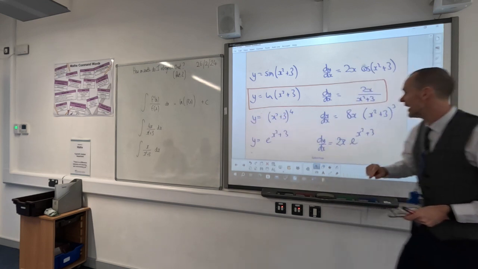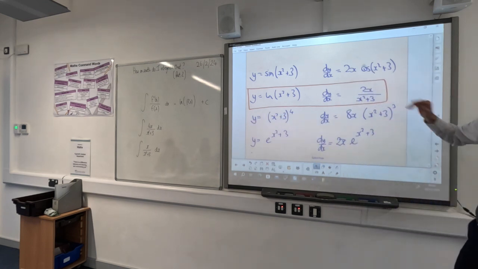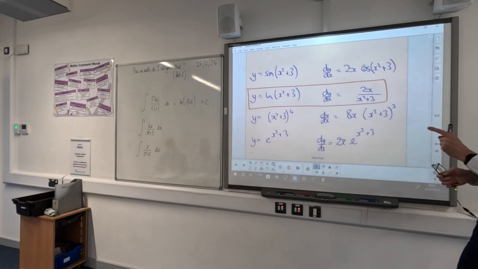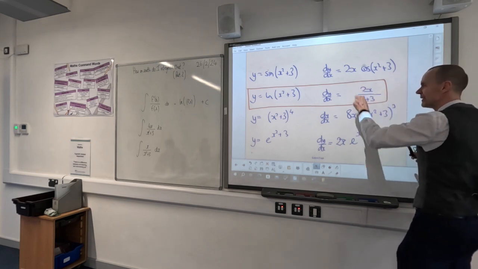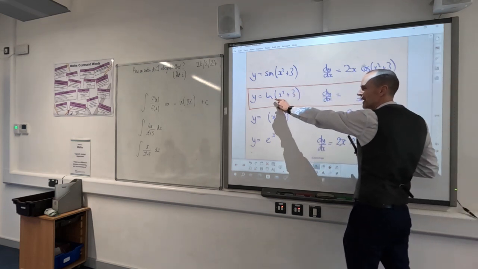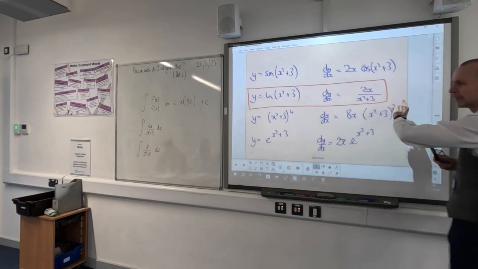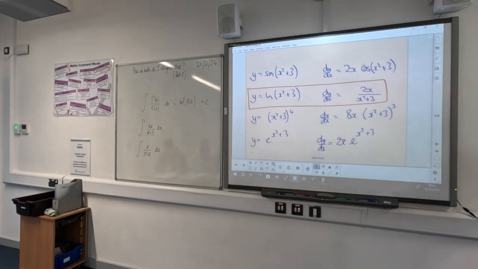Those two examples there, they look a little bit like that, but they're not quite there. So just see if you can write down what those are going to be. Integrating this, I know is going to give me that, because I've just differentiated it, I've just gone the other way. So can you write down what you get when you integrate those two things which look a little bit like it?